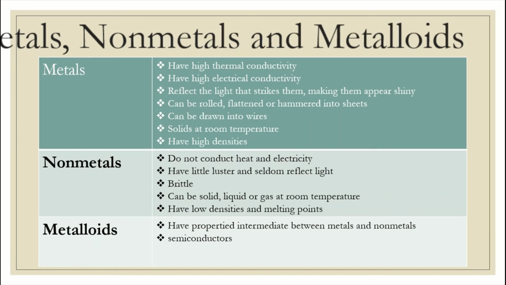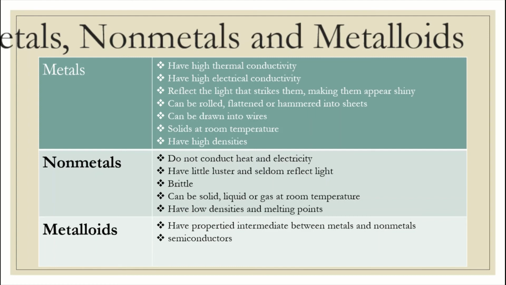They reflect the light that strikes them, making them appear shiny. So metals are shiny, as we know. That's why gold, silver, diamonds, not metal, right? Right, I forgot. So the silver and the gold, it's shiny.